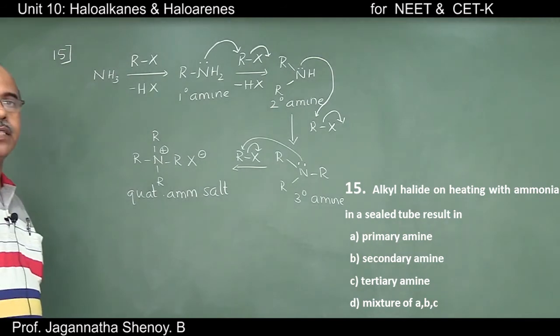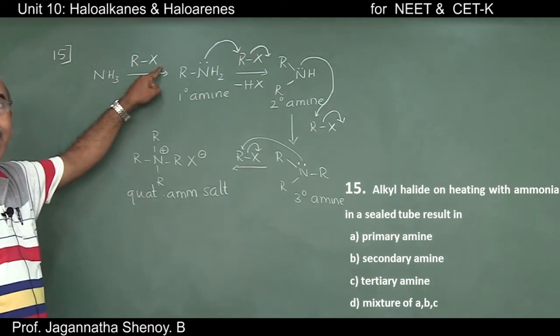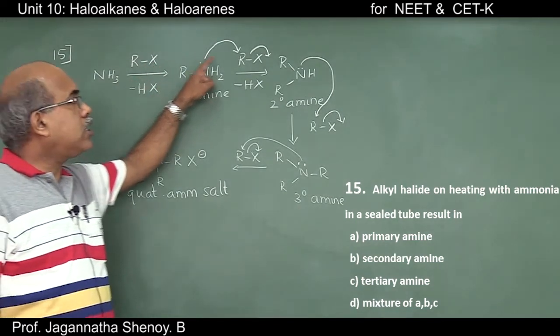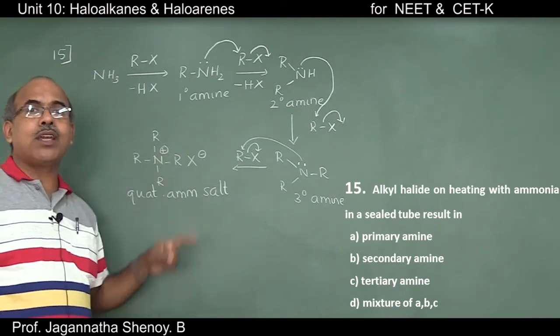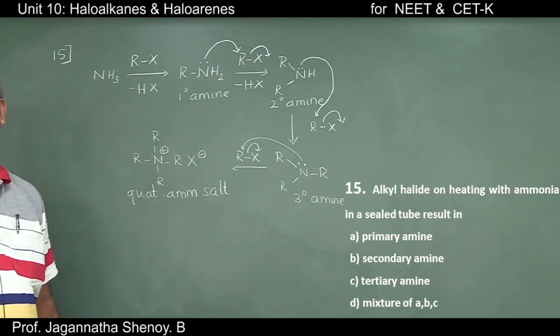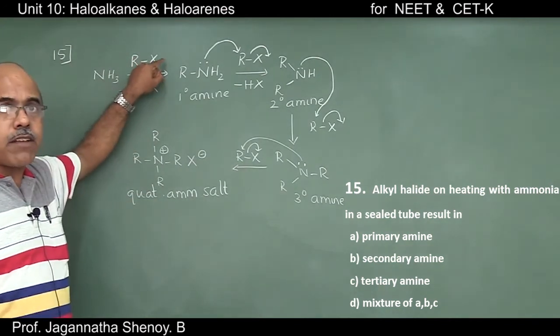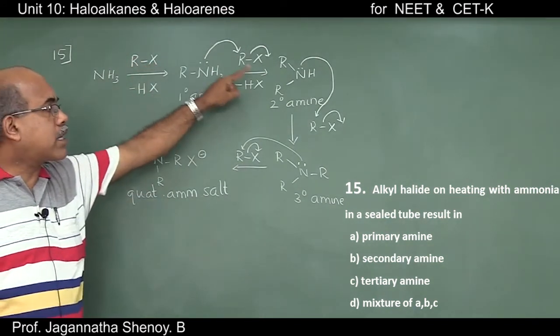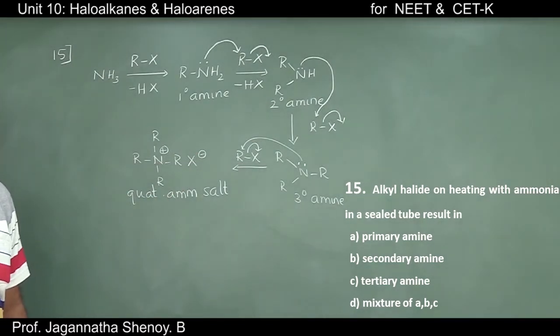On the other hand, if I make use of excess of alkyl halide, the reaction proceeds and we get quaternary ammonium salt as the exclusive product. I repeat, if I make use of excess of alkyl halide, the exclusive product that you would get is quaternary ammonium salt.